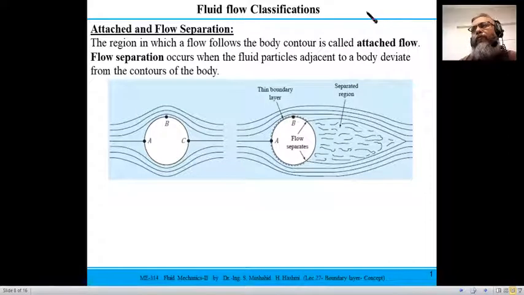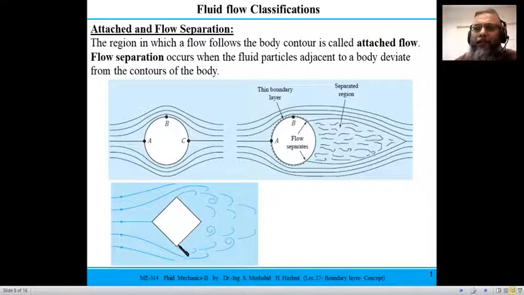If you have a larger cross section and then a smaller cross section, the streamlines go from the higher cross-sectional area to the smaller one and get bunched together, and at the edges some wakes and separated regions are formed. That is present both in external flows as well as in internal flows.